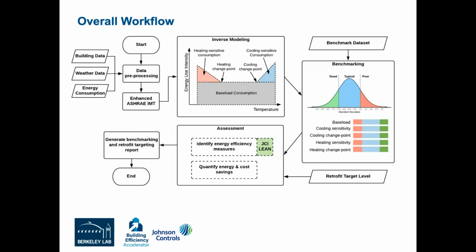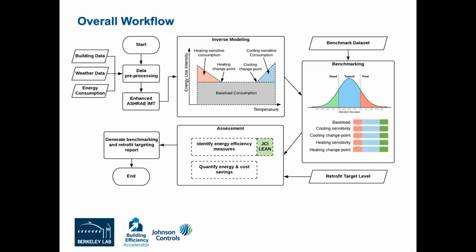So what's your average energy use intensity per day in a building in January? And what's the outdoor weather in January? And so we're plotting energy use intensity levels against ambient temperature to understand weather independent and weather sensitive energy consumption in a building. We create inverse models.